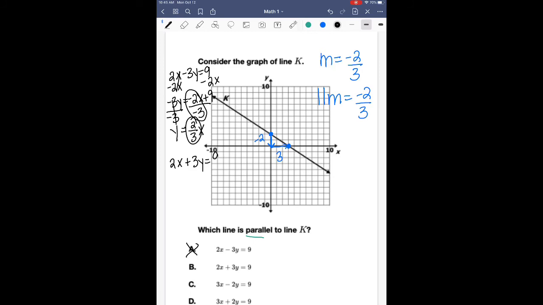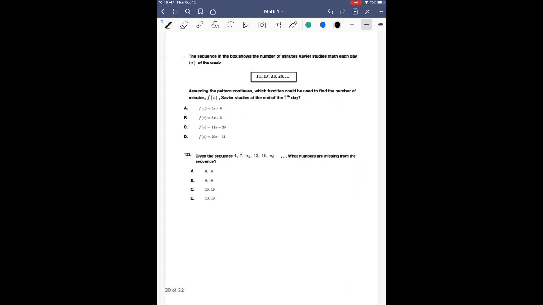So the next one is 2x plus 3y equals 9. So we're going to subtract the 2x. 3y equals -2x plus 9. Divide by 3. y equals -2/3, because we would simplify, x plus 3. That is the same slope, so the answer is B.